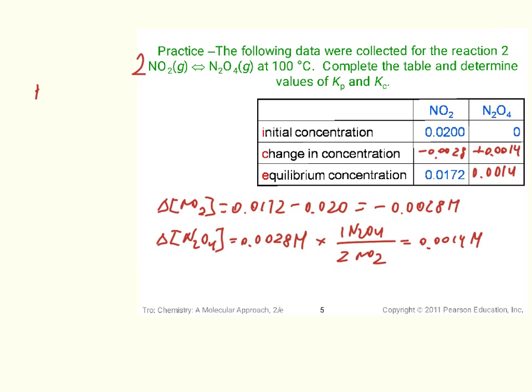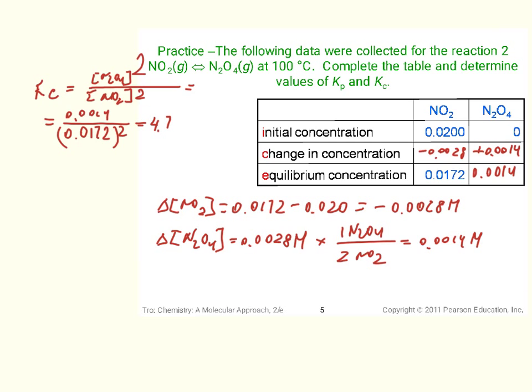Now we deal with concentrations, hence we need to start with the equilibrium constant in terms of concentrations, and it's going to be N2O4 over NO2 squared. Now let us plug in numbers: 0.0014 over 0.0172 squared. The answer is 4.7.